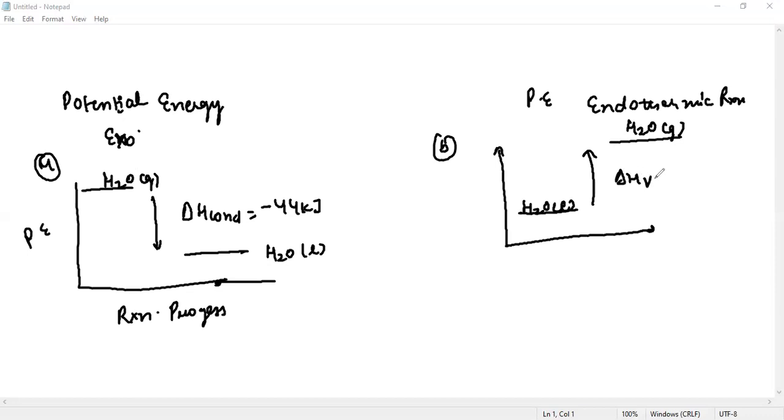So delta H vaporization, I will write it because this is the vaporization reaction, is plus 44 kilojoules. I hope you understand the signs as well, where the flow of energy is, and what the levels of reactants and products are in different reactions. On this axis you already know this is reaction progress, and on this axis you have potential energy.